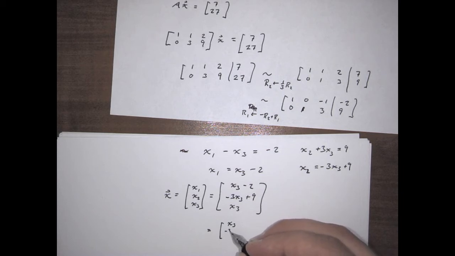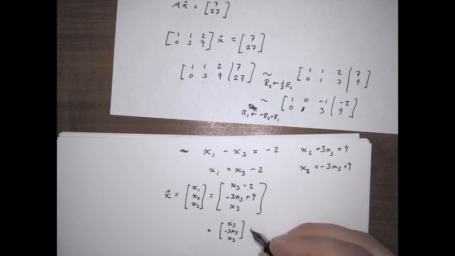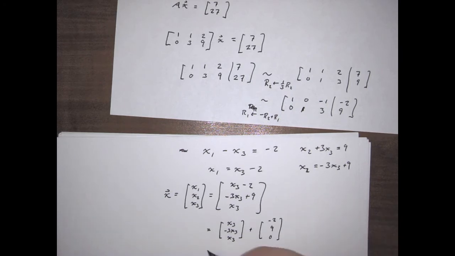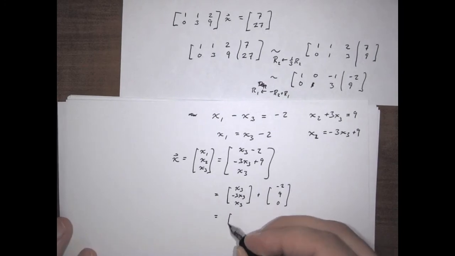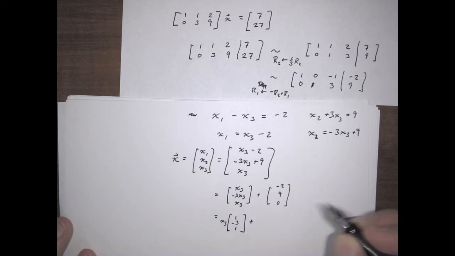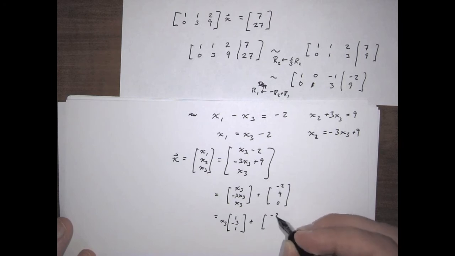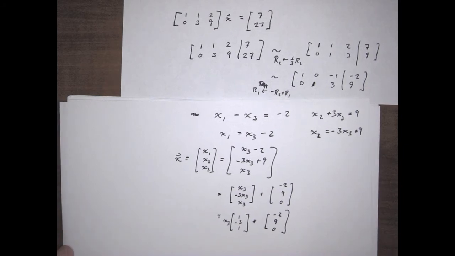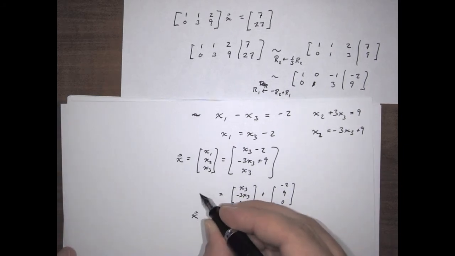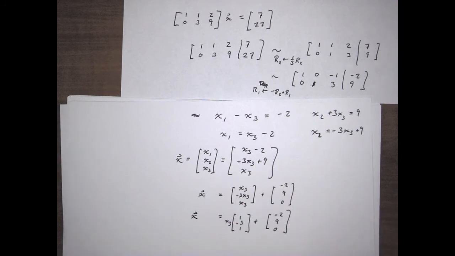So x3 times (1, -3, 1) plus (-2, 9, 0). So this is what x equals. So x is everything of this particular form.